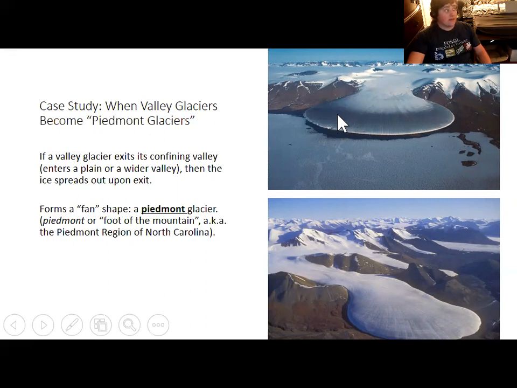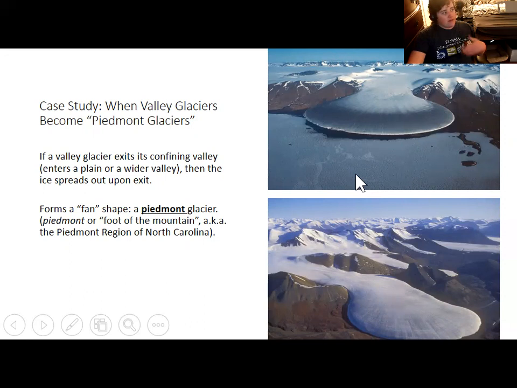However, what this means is that more of the surface area of the ice is exposed to the air and to the sun. So melting and sublimation, aka when snow directly goes to water vapor, can occur at a much faster rate. And so Piedmont glaciers tend to be sort of the end of the line for these glaciers. Where it's spreading out, that's also where it's going to melt more, and it's not going to really flow past the point where it becomes a Piedmont glacier.